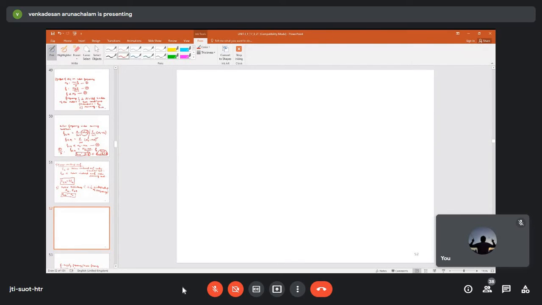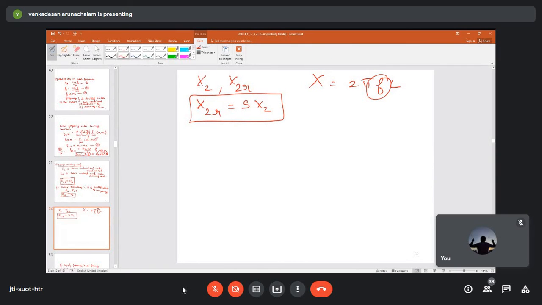So I will assume X2, that is the reactance under standstill condition, X2R, that is the reactance under running condition. Because of this frequency only, the rotor reactance during running condition will be different from rotor reactance during the standstill condition. So X2R becomes S times X2, right?